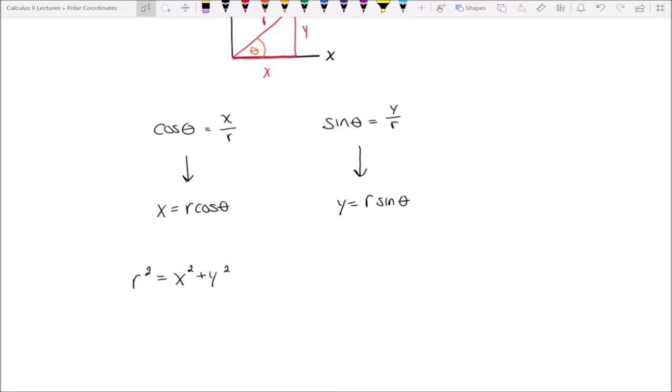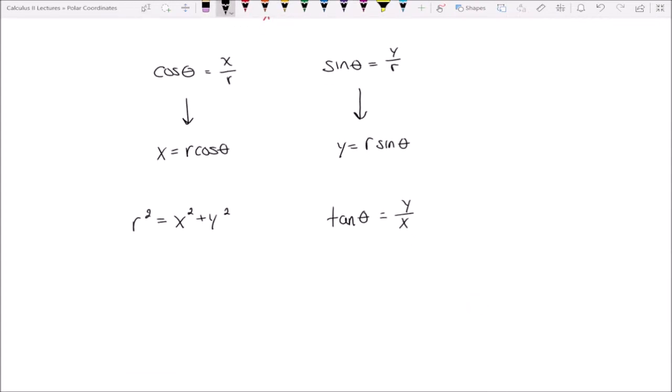Also, we know that tangent of theta is opposite over adjacent, so y over x. However, recall that the range of the inverse tangent function is minus pi over 2 to pi over 2, open.